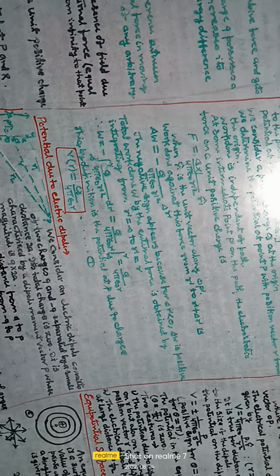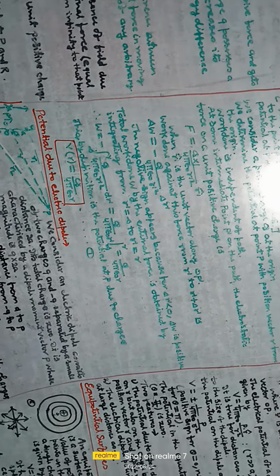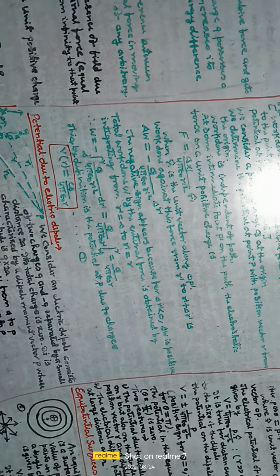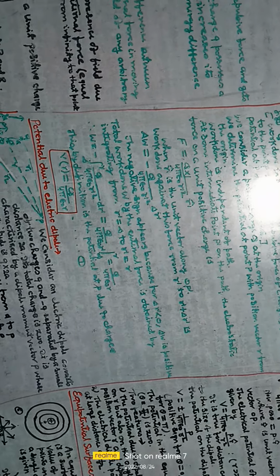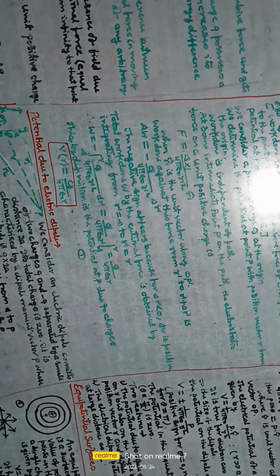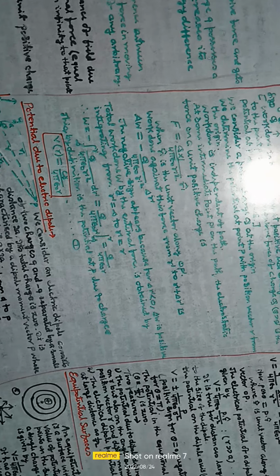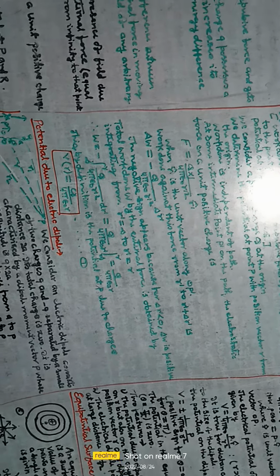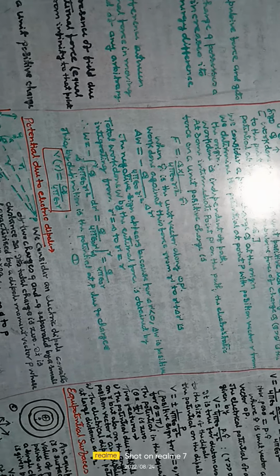At some intermediate point P dash on the path, the electrostatic force on a unit positive charge is F = Q/(4 pi epsilon naught r dash square) in the direction r1 hat, where r1 hat is the unit vector along OP dash. Work done against this force from r dash to r dash plus delta r dash is delta W = minus Q/(4 pi epsilon naught r dash square) delta r dash.